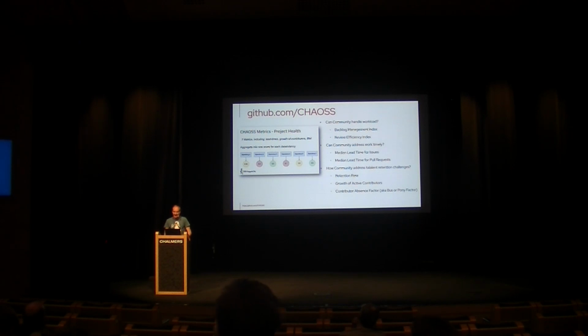So this is an example of the necessary metrics, and also on this slide, please pay attention to the last bullets, how the community can address talent retention, for example. And all metrics could be collected.